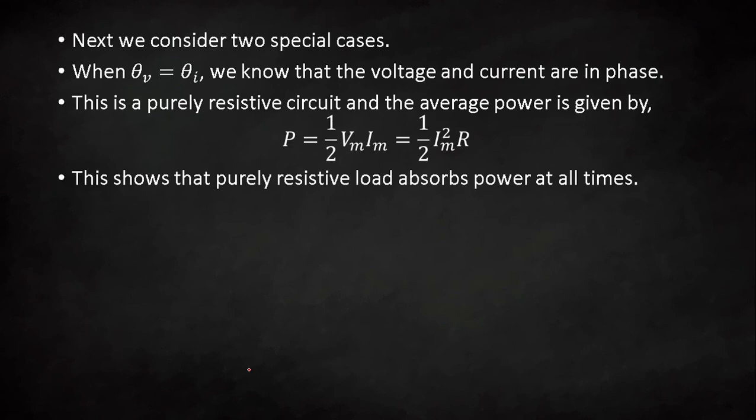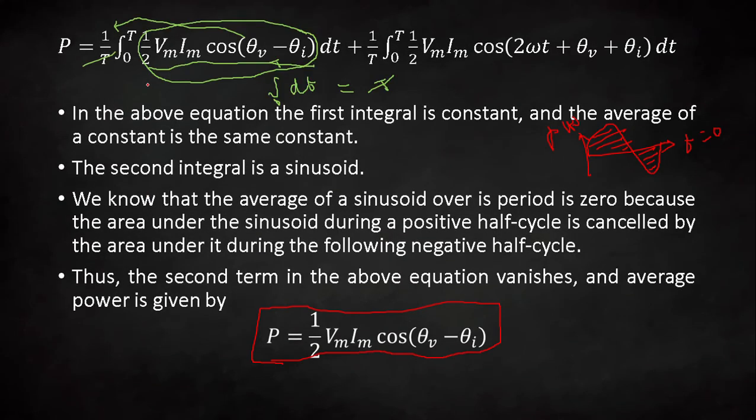Now let us consider some cases when the values of theta v and theta I are different. Let us consider the first case when theta v is equal to theta I. In the previous equation, 1 by 2 Vm Im cos(theta v minus theta I), when theta v is equal to theta I, the angle will be 0.